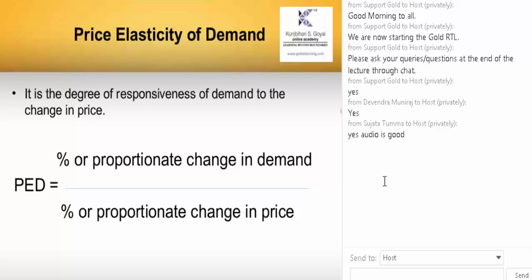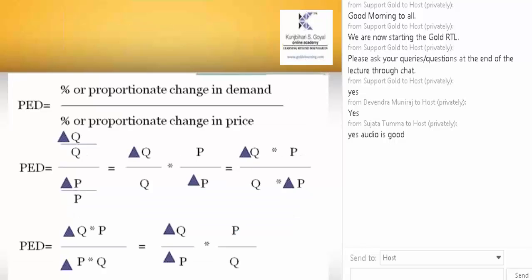Have you understood what price elasticity of demand is? Now let's go ahead with this formula. Let us read this formula a little more carefully. Again, price elasticity of demand equals percentage or proportionate change in demand divided by percentage or proportionate change in price. Right? So now what I want is the percentage change in demand.